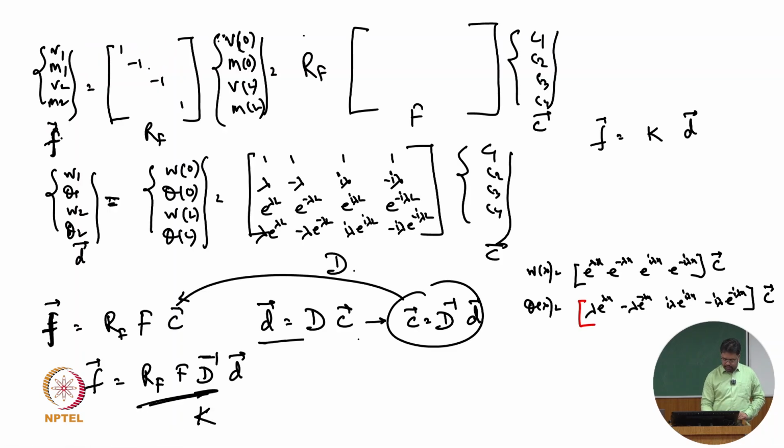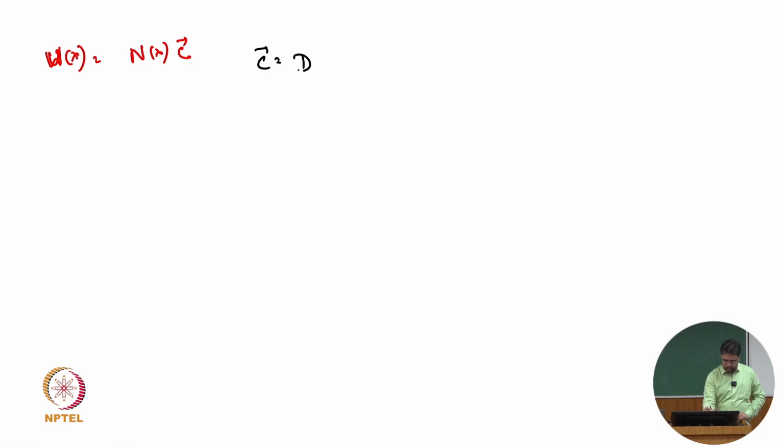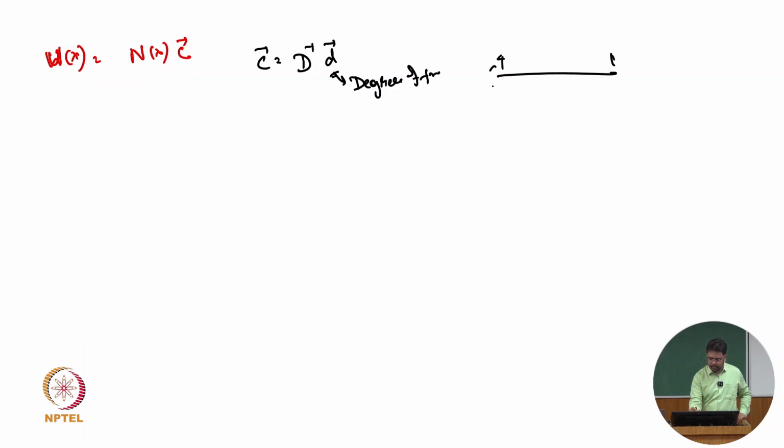And we know what C is. C is nothing but D inverse times d, where d is the nodal degrees of freedom, that is w1, theta1, w2, theta2.